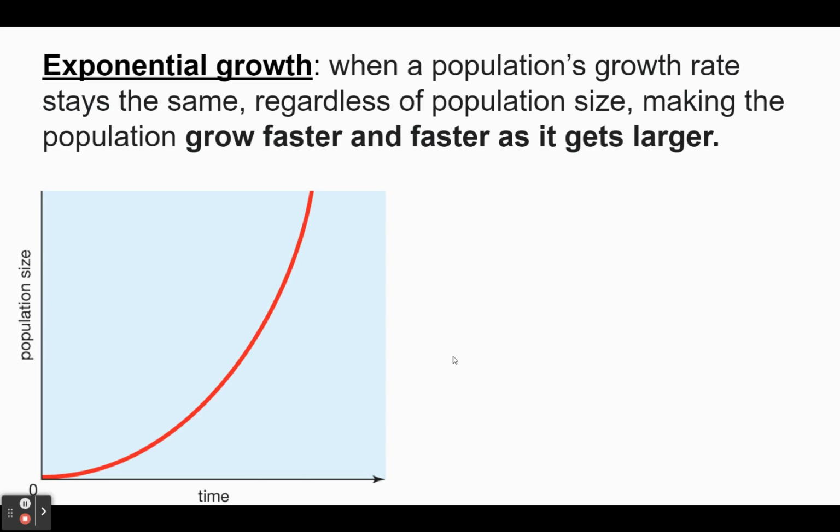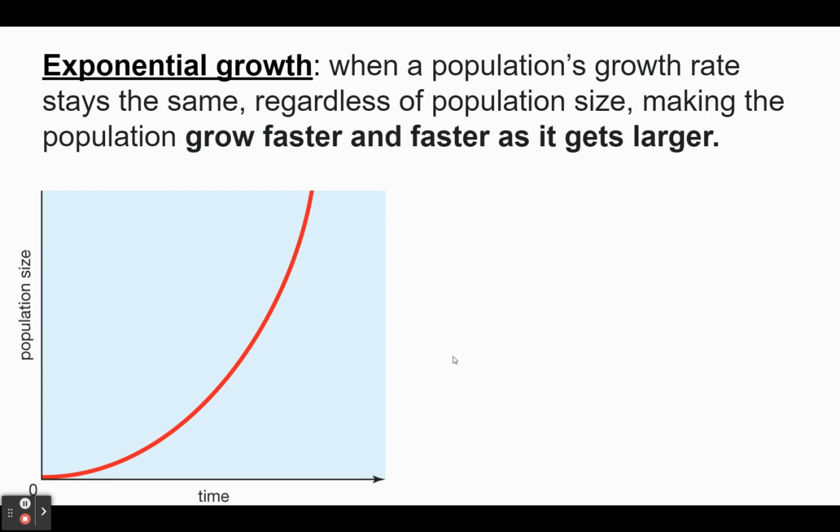Exponential growth is when a population's growth rate stays the same regardless of population size, making the population grow faster and faster as it gets larger. And I know it sounds contradictory to say that the growth rate stays the same, and yet our population is growing faster and faster. But if we think about the last example that I just went over, our growth rate stayed at a 50% reproduction rate and a 10% death rate throughout all of the 15 years that we calculated things for.